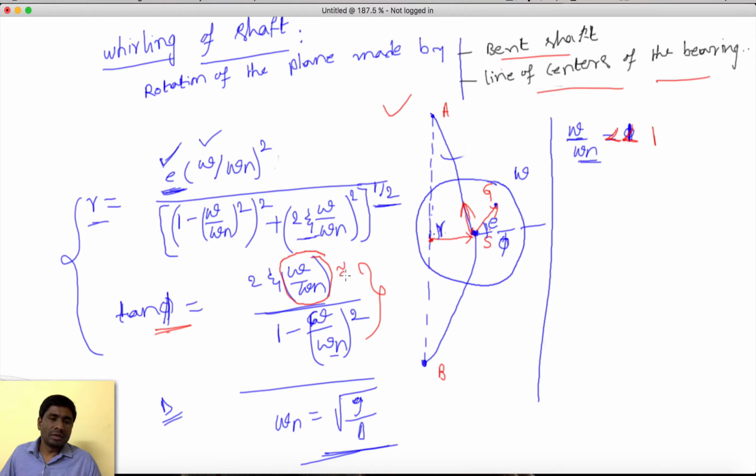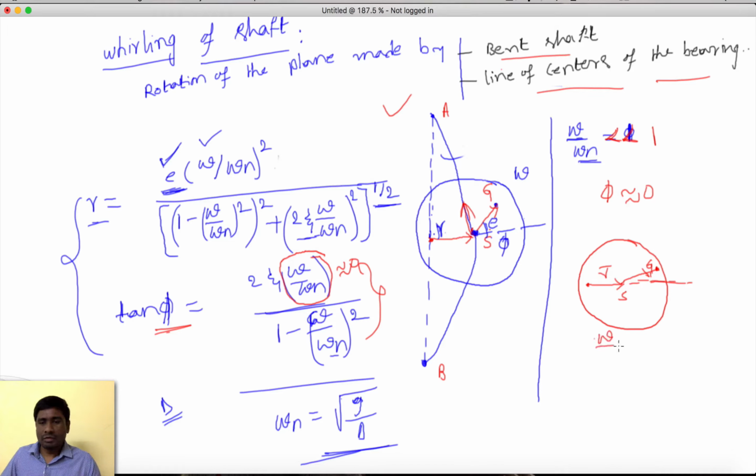That means it becomes 0. So when tan phi becomes 0, phi tends to 0. In that case, again, these two orientations, for example, R is up to here, this is the S, and this is the G. It slowly comes down, and it is coincident with this R vector here.